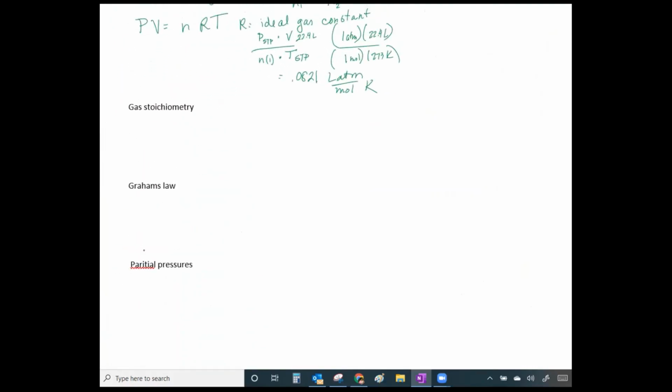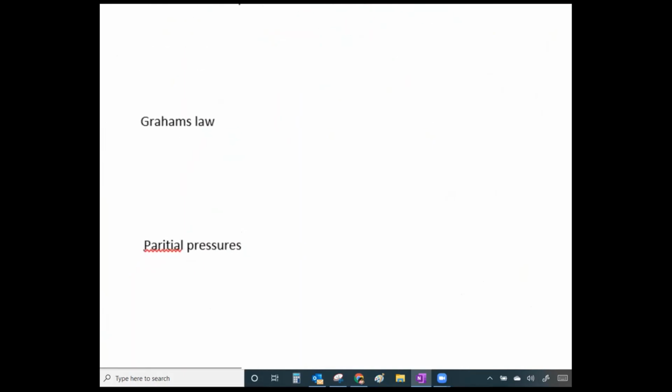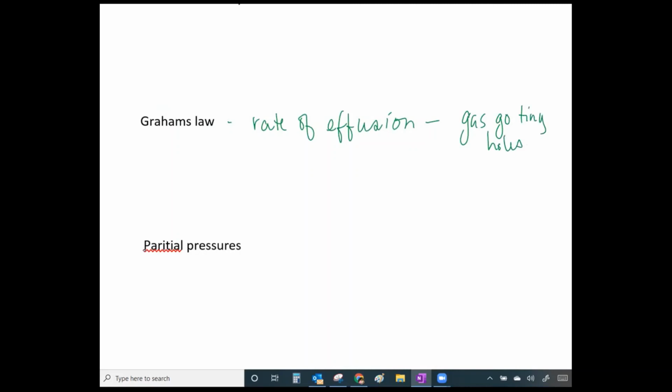The last two things that we dealt with when we talked about gases, Graham's law is the rate of effusion, which means the gas can go through tiny holes. This is why balloons go flat eventually. This is why a helium balloon can float, and then a couple days later it can be sitting on the floor.